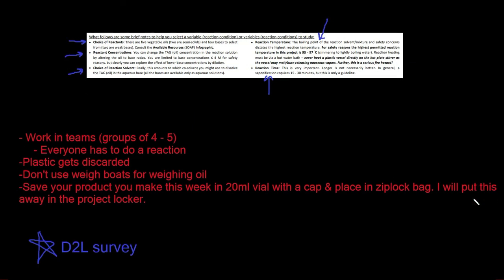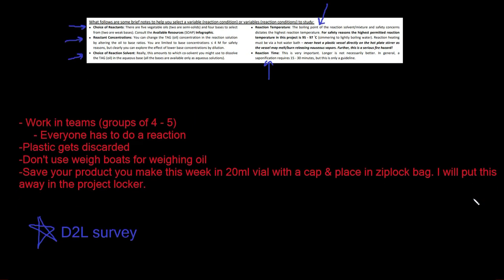Now let's go to some talking points about this. You can work in teams of groups of 4 to 5. So this is basically combining 2 teams or 2 groups together. If I draw sort of an overhead view of how the classroom looks, split down the middle, however you're comfortable, you can work in groups of 4 to 5.